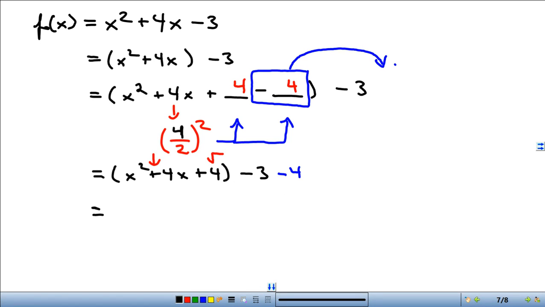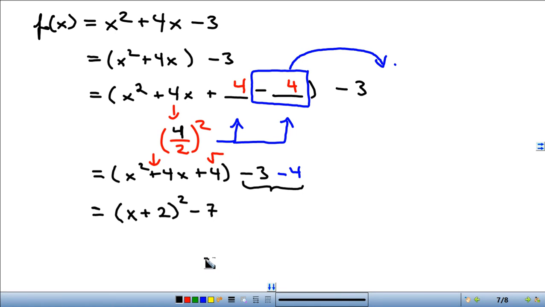That becomes my new perfect square. So I have x plus, because I take the sign, square root of 4 is 2, and I can make that into a quantity squared. And then minus 3 minus 4, so in this case, minus 7.